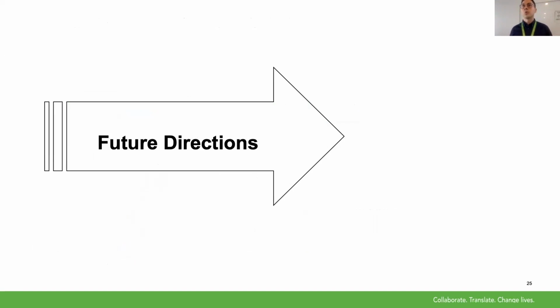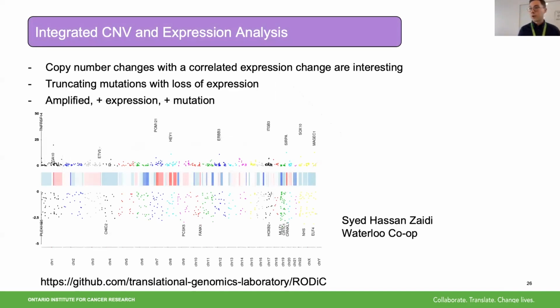So now I just want to quickly discuss more about these newer tools and how we want to incorporate this approach into our work. So the first would be looking at, as I mentioned, integrated copy number variation and expression analysis. We're particularly interested in copy number changes which have an accompanied change in expression. And we're also interested in looking at truncating mutations where there is a loss of expression.